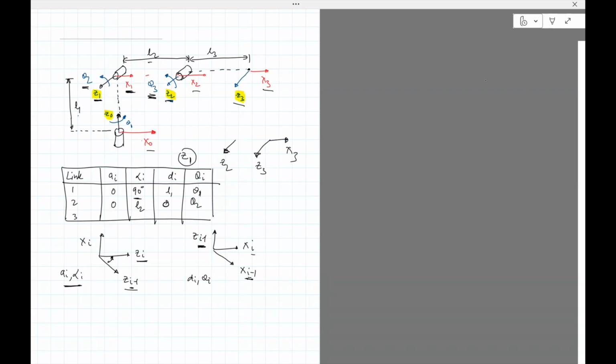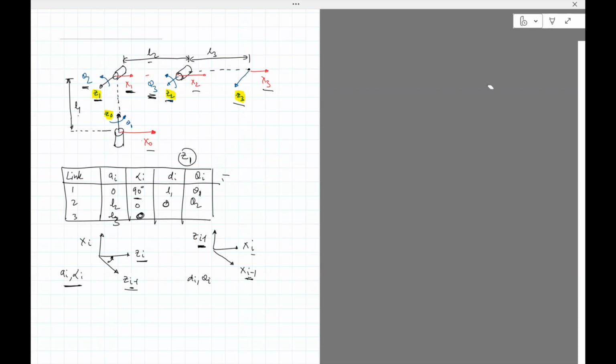So first of all, the distance between Z2 and Z3 along X3, sorry, my bad. I reversed this. This is the A_i, so the distance is this, L3. And the angle, since Z2 and Z3 are parallel, is going to be 0.